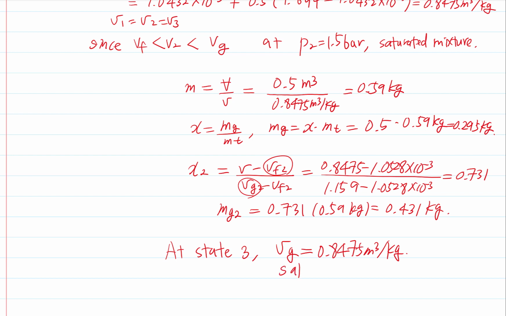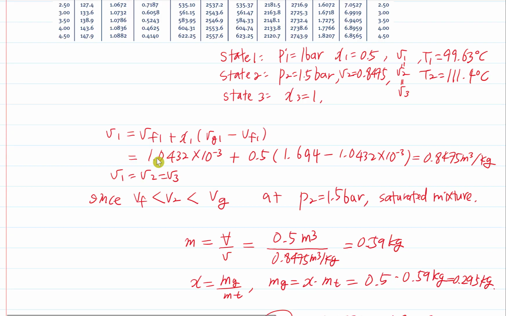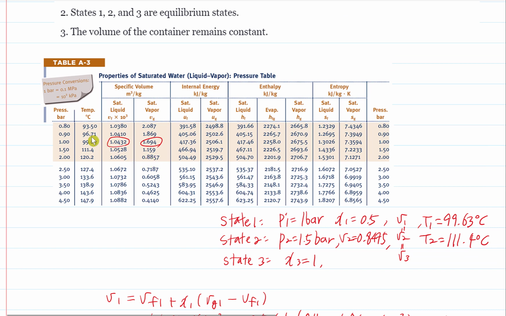It's at the saturated vapor state. So go back to the tables, and we know Vg is 0.8475. So we need to determine the pressure when the saturated vapor Vg is 0.8475. So interpolate to determine the pressure, and the pressure at state 3 is calculated to be 2.11 bar.